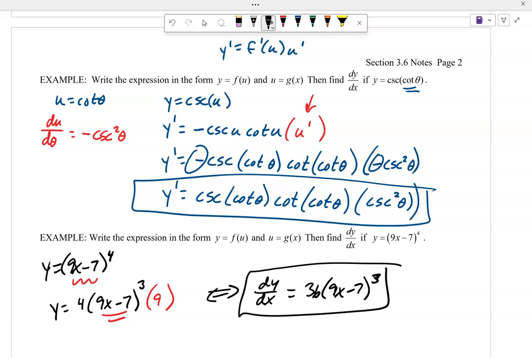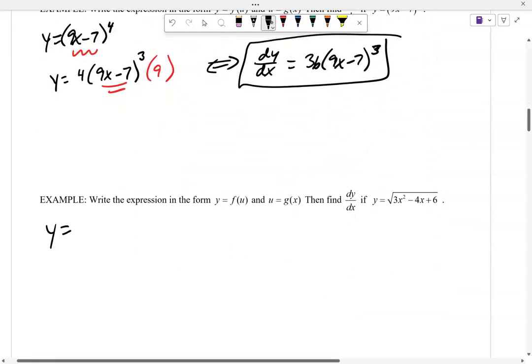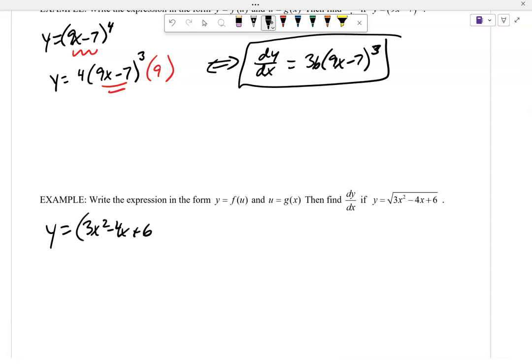All right, again, apply the rule. Here you've got y equals 3x squared minus 4x plus 6, it's all to the 1/2. Right, so the u is all that stuff on the inside. So your y prime would be, I'm gonna run the power rule. So I've got a half, I've got that u stuff on the inside. Now to the 1/2 minus 1, so that's a negative a half.